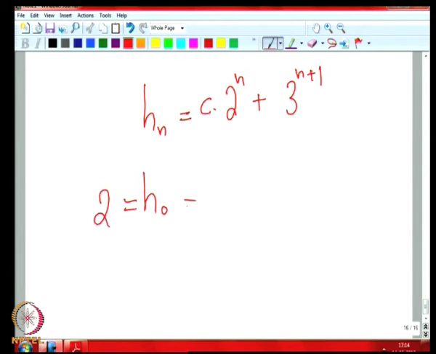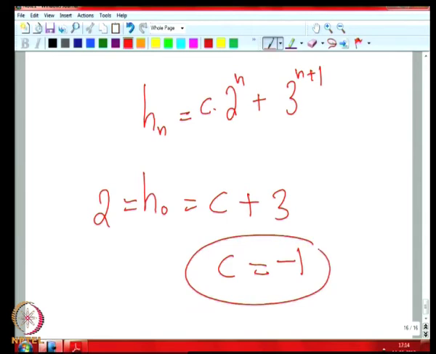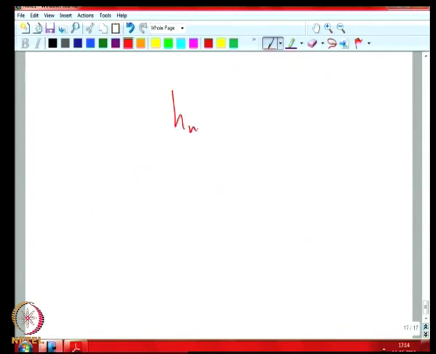So, putting n equal to 0, we get c plus 3 equal to 2, that is c equal to minus 1. That means our solution will become hn equal to minus 2 raised to n plus 3 raised to n plus 1.